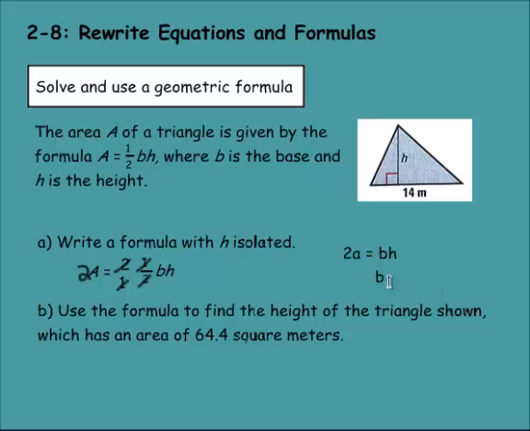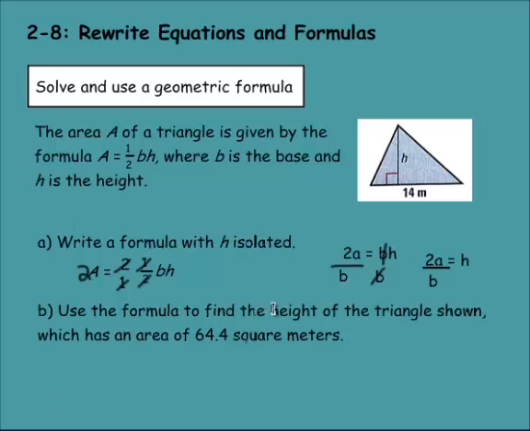We would divide that by B. So it would be 2A over B, and then these B's cross off. So then I would have 2A over B equals H. And there we have it. H is now isolated.